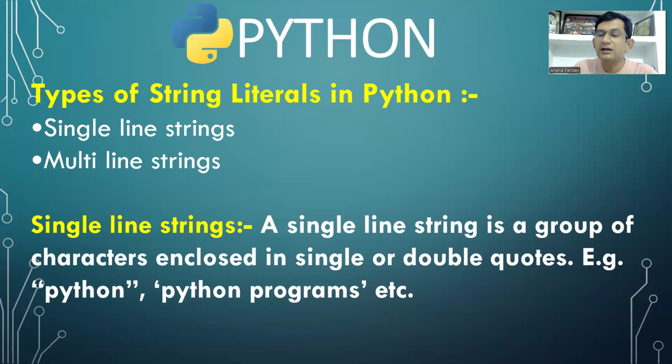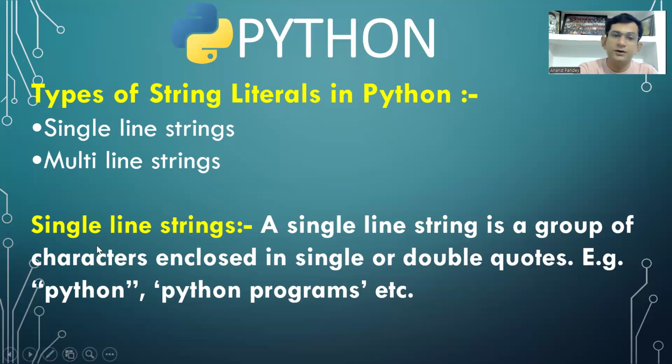A single line string is a group of characters enclosed in single or double quotes, I'm not saying triple quotes. For example, here I've written Python in double quotes. Here I've written Python programs in single quotes. So this is the example of single line strings: the string in one line only, enclosed in single quotes or double.